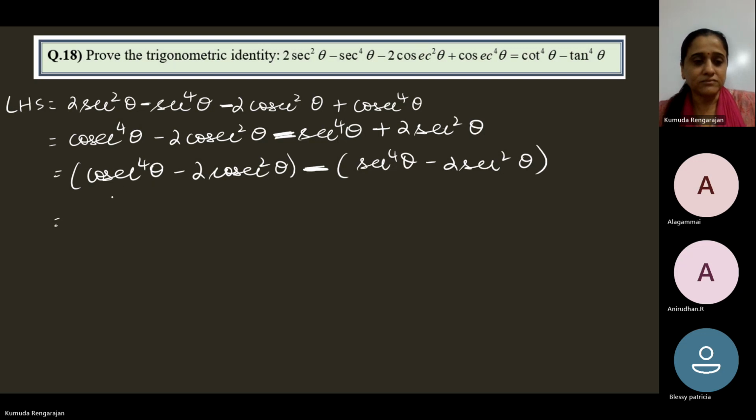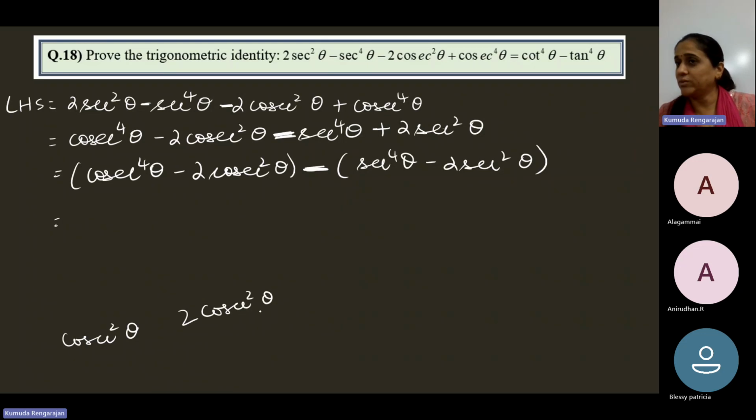And if cosecant square theta is your a, and 2 cosecant square theta is the 2ab term, what is b then? B is 1, because 2 into this one is a, that means b should be 1.